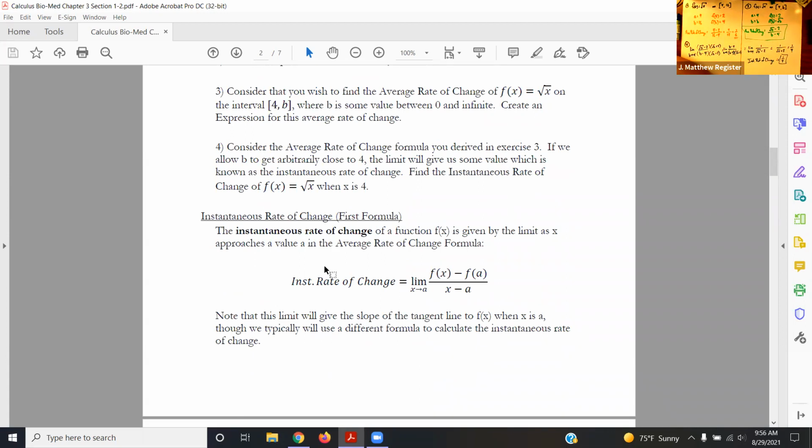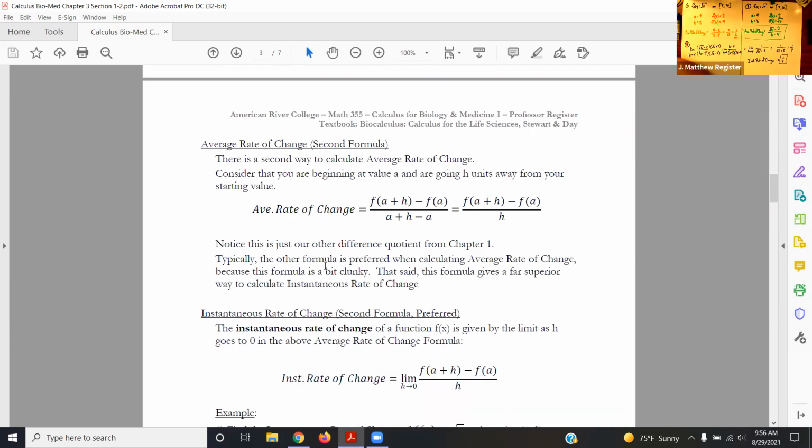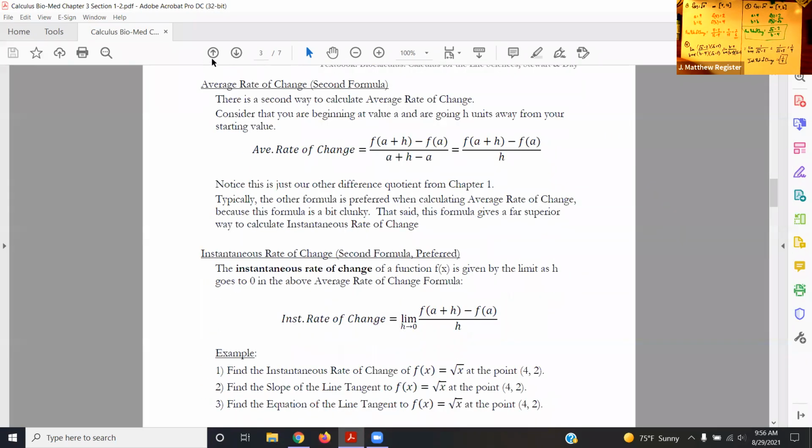Instead, we have another formula for it. And that is this one. Notice it says average rate of change second formula. And so the average rate of change second formula is the same as our difference quotient from chapter 1. It's f of a plus h minus f of a over h.